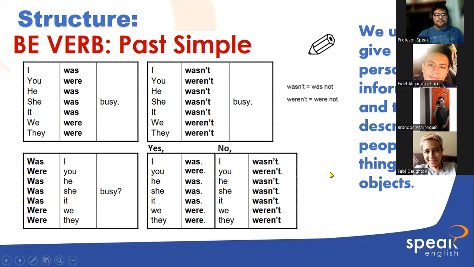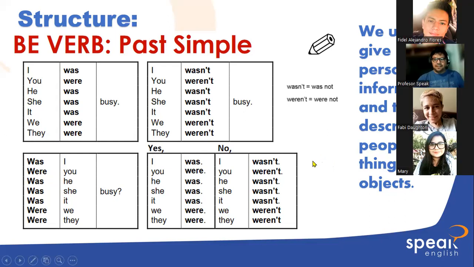Can I have a volunteer to read the first four questions here and provide the answers? Okay, Fidel Alejandro, go ahead. Was I busy? Yes, I was. Or no, I wasn't.